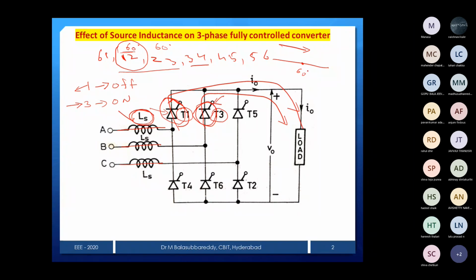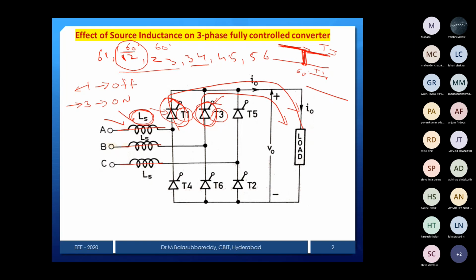According to the previous analysis, T3 fires at 60 degrees, meaning this current becomes 0 and this current is carried by T3 immediately. But normally the current carried by T1 will not suddenly turn off to the 0 value, because of the source inductance.